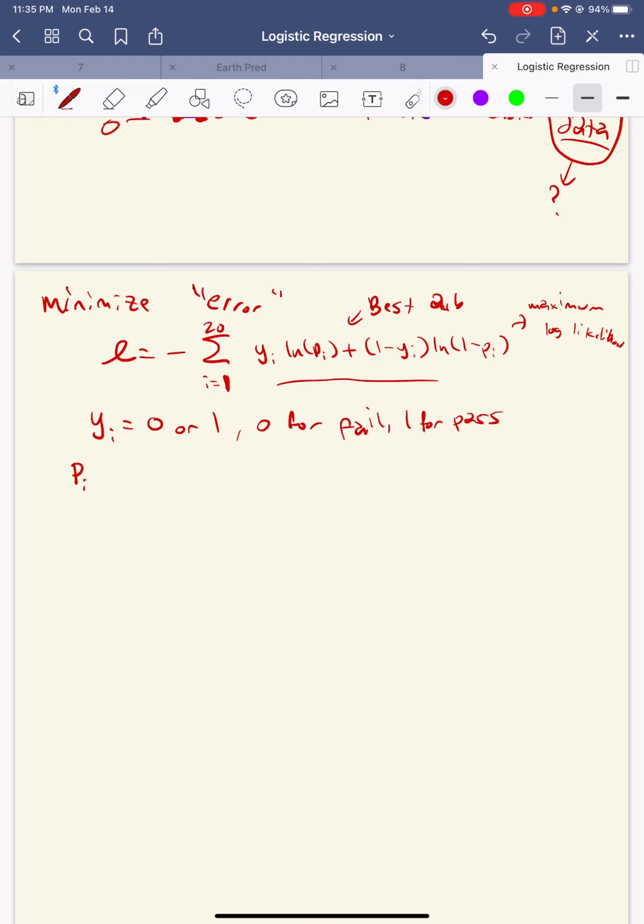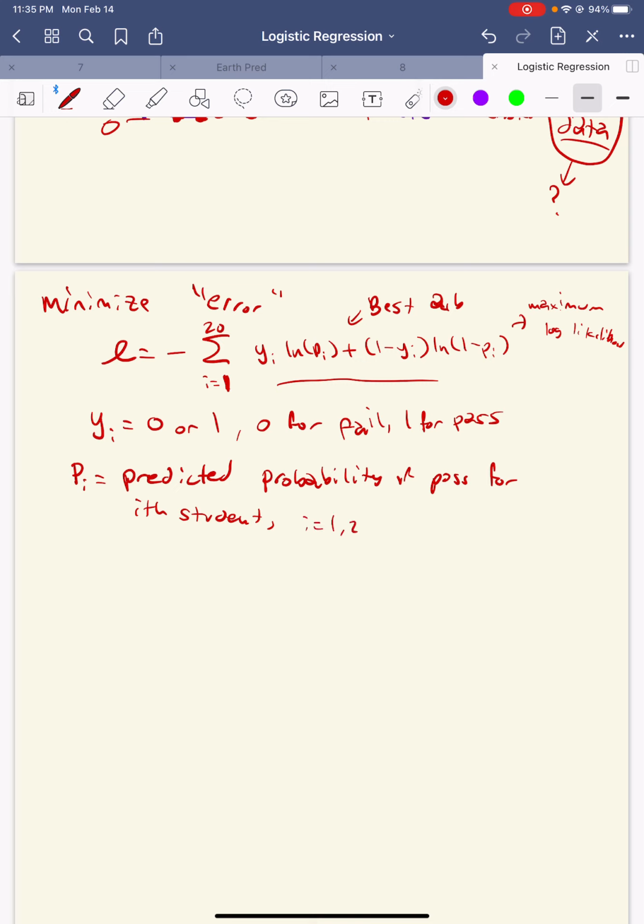This p_i term is the predicted probability of pass for the ith student.